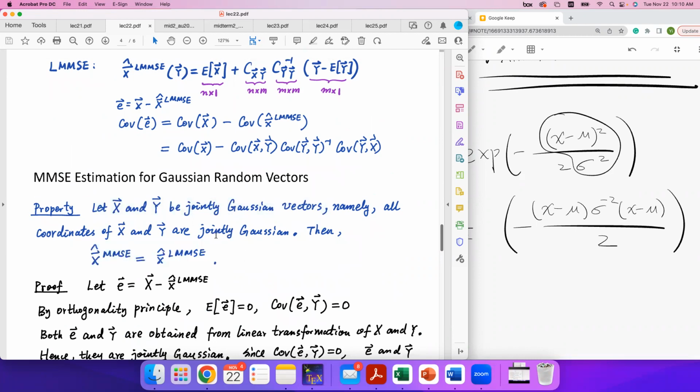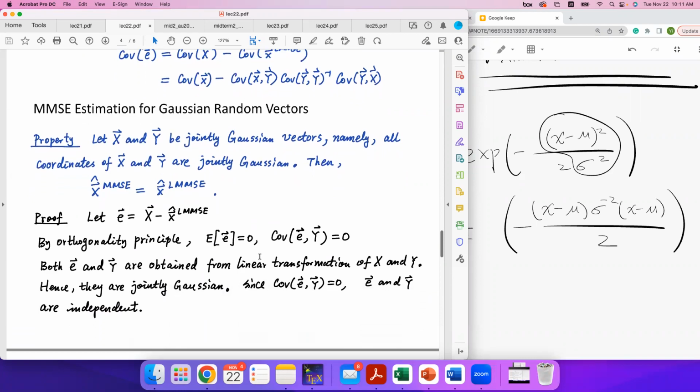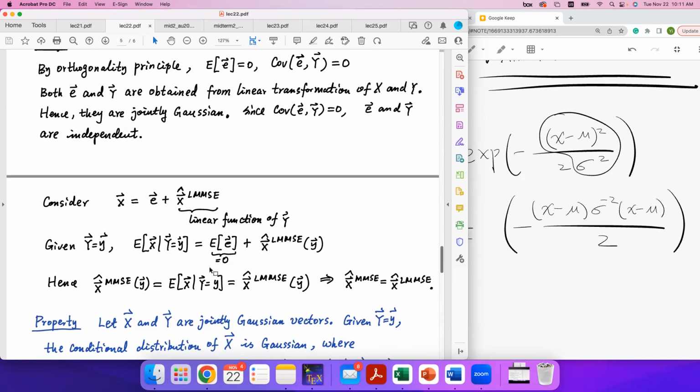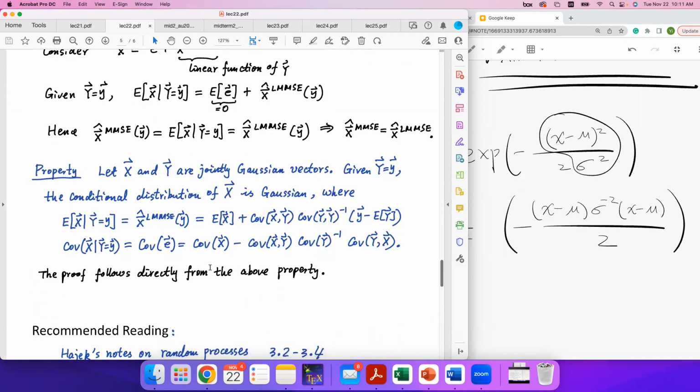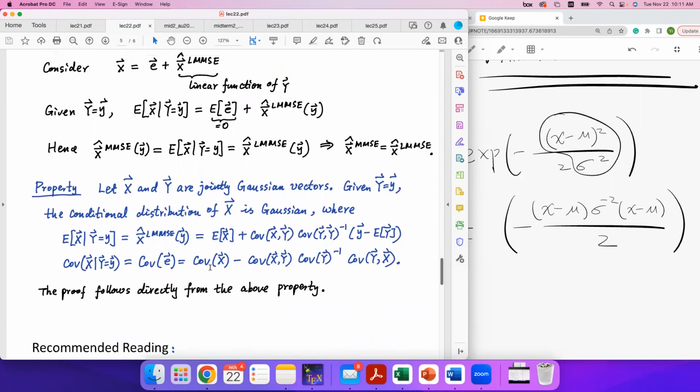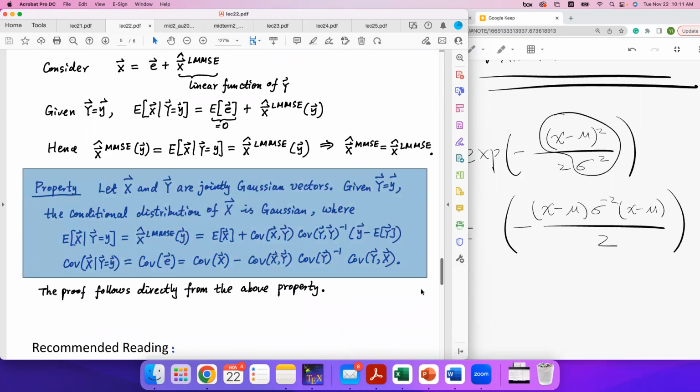So for Gaussian random vectors, it suffices to consider linear estimators only. That is the key message. And again, I will skip the proof. And this property is again a generalization of the one-dimensional case.